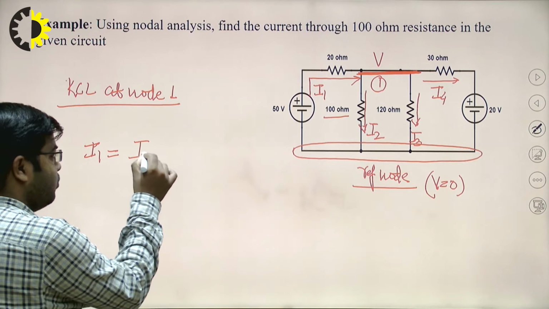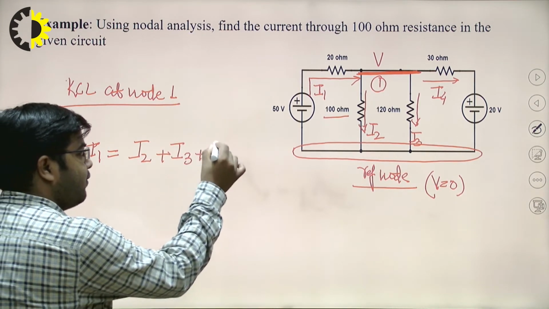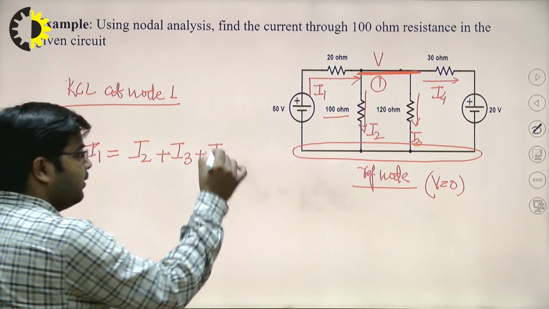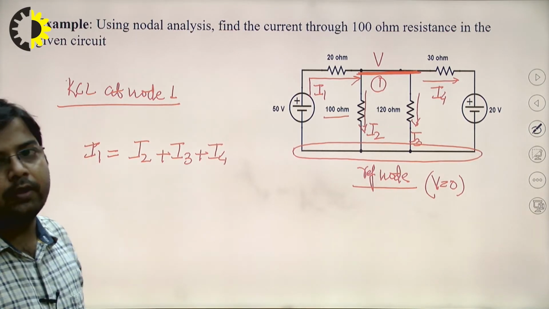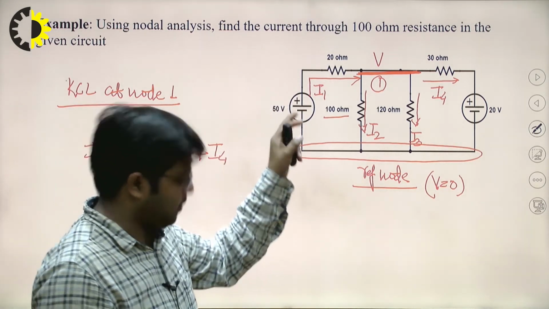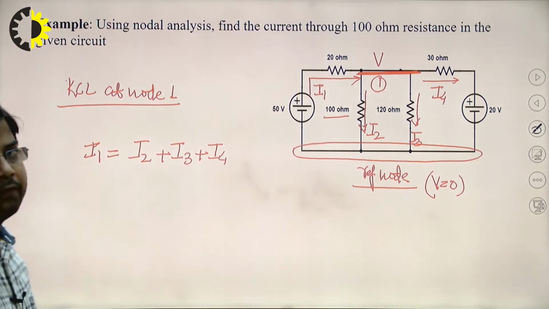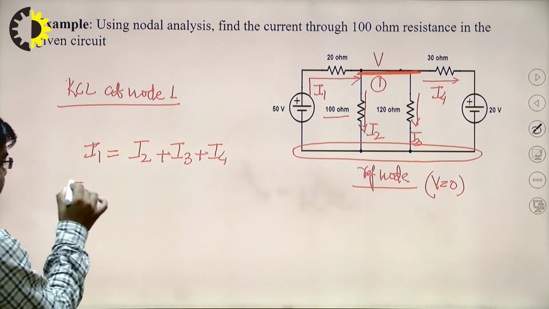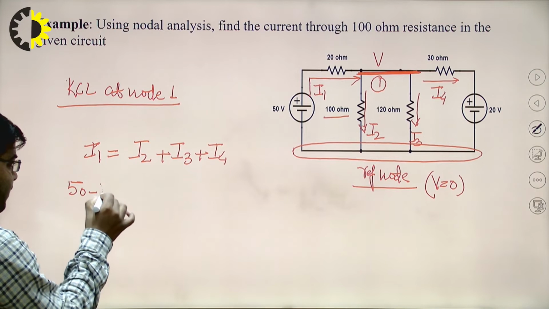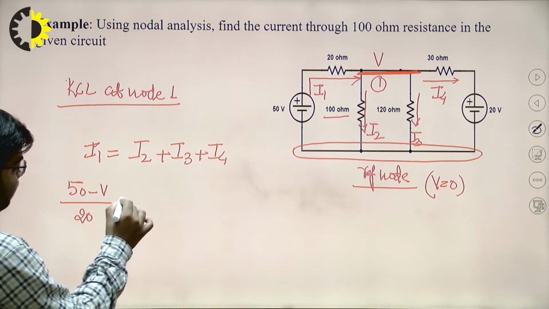So I2 plus I3 plus I4 are the outgoing current. So you can write I1 is 50 minus V divided by 20. This will give I1 value.